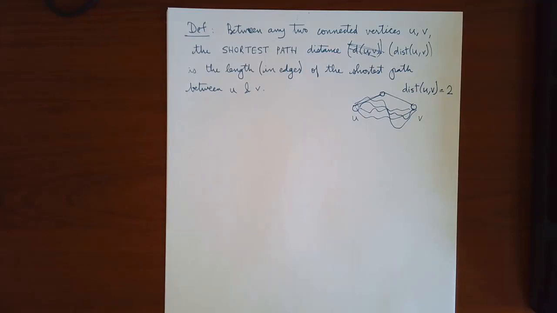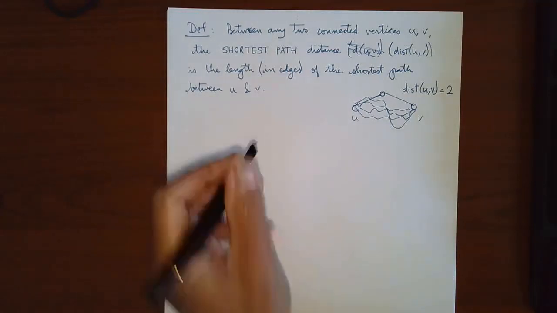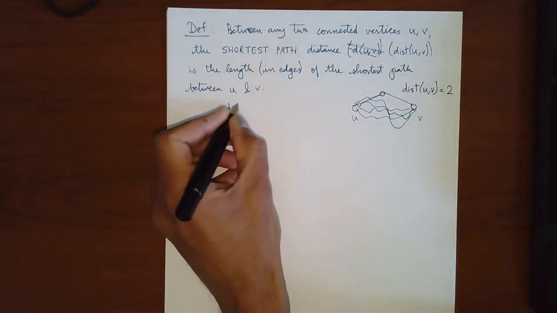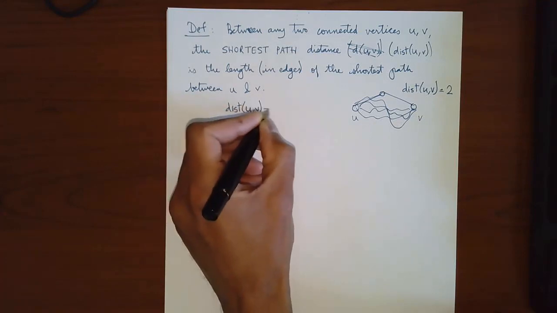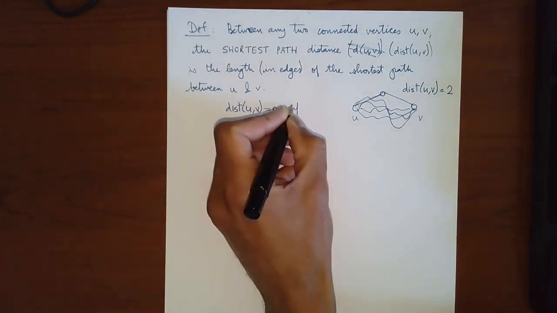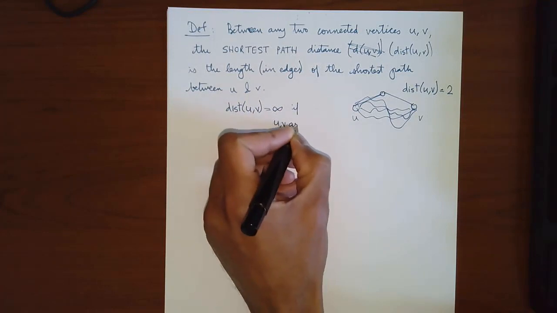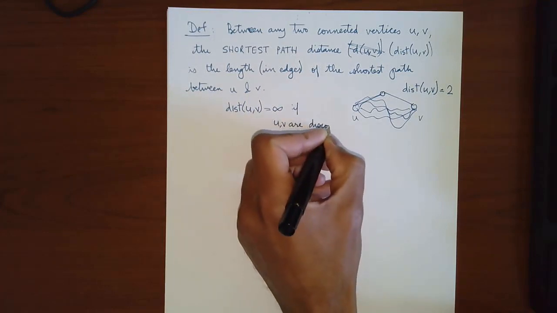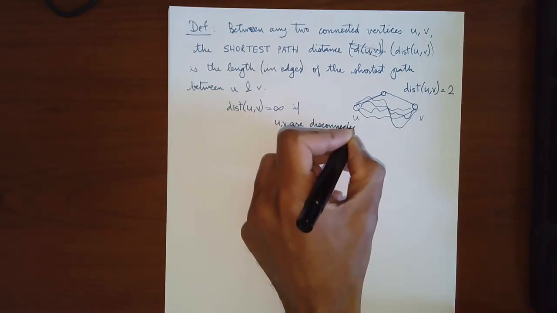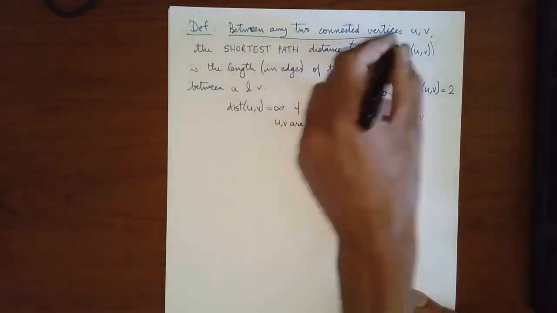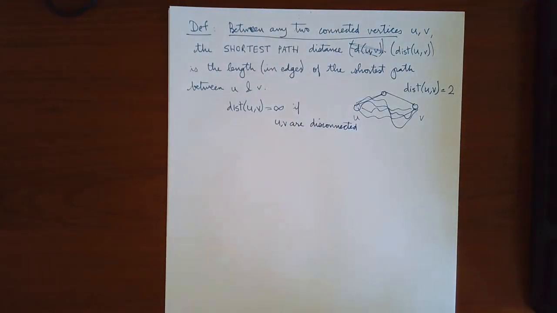Now, what if there's no connection? If there's no connection, then conventionally you just say it's infinity, if U and V are disconnected. This is just conventional. That's why in the definition, I sort of impose that they're both connected.